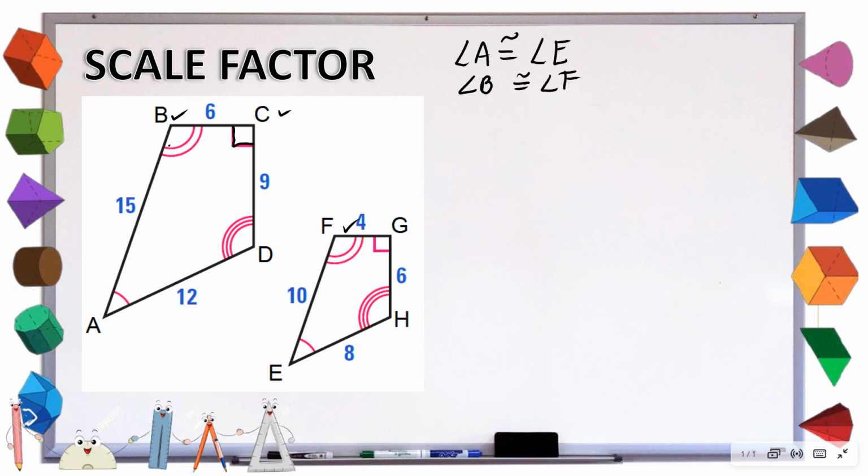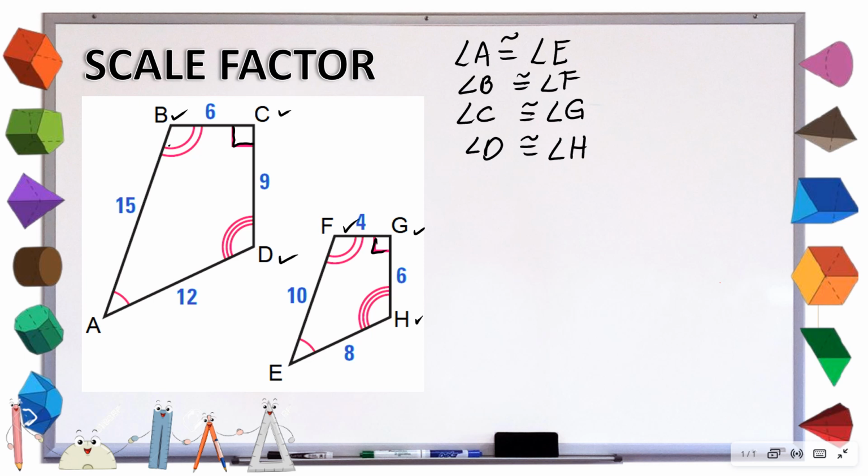Then C and G: angle C is congruent with angle G. Then the last one, D and H: angle D is congruent with angle H.